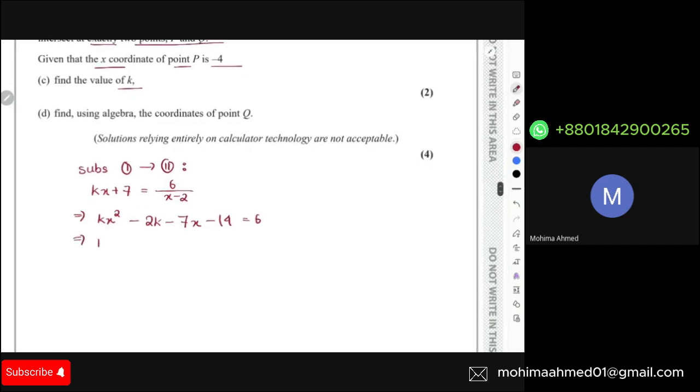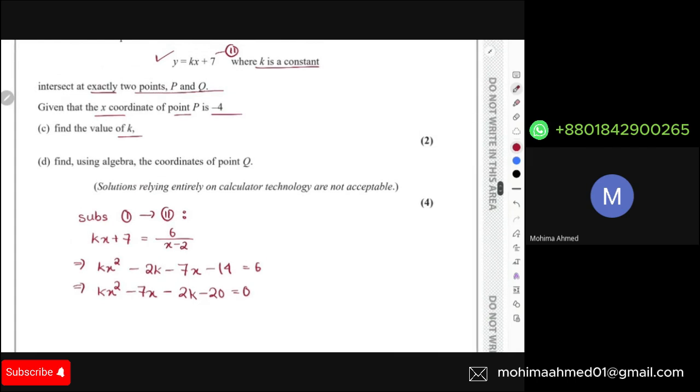So eventually you can write this as kx squared minus 2k minus 7x, and minus 14 minus 6 is going to be minus 20. So you get kx squared, minus 2k minus 7x, minus 20, equals 0, right? Now they have also given that they are going to intersect 2 times, right?